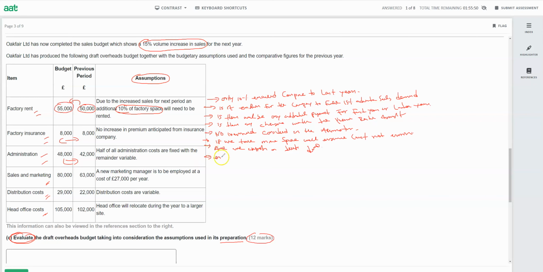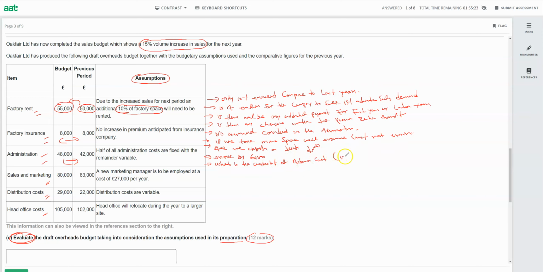So increase by 6,000 compared to last year. Then we need to see what is the combination of admin cost.